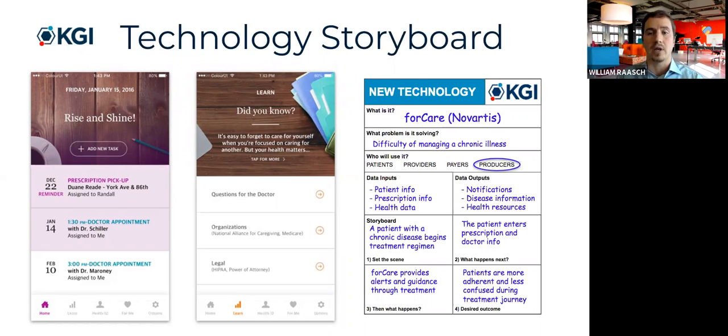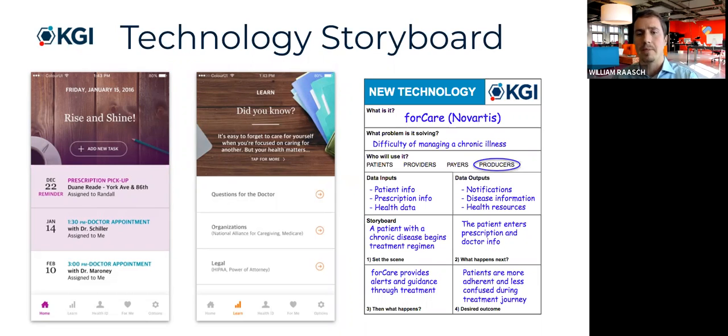The outputs are notifications to that patient, as well as information about the disease and health resources for that patient. And of course, this is under the umbrella of Novartis, so it's within areas that Novartis works within, right? You might imagine with Novartis, they're really big into cancer. So this might be provided for all of the patients who are on their cancer drugs.